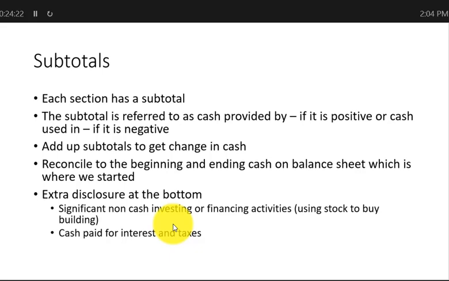We would see an increase in stock, but there would be nothing on the cash flow in the regular sections about it. That would be somewhat confusing. So we put that at the bottom and say, well, the reason why you see this big change on the balance sheet but nothing reflected in the regular cash flow is because this was a non-cash transaction. And then we must disclose how much cash we paid for interest and how much cash we paid for taxes, particularly two things we're interested in, and how much cash is actually going out the door for those two items.